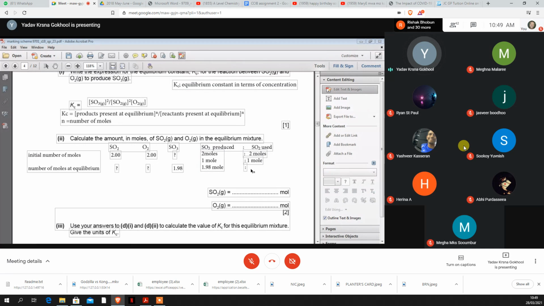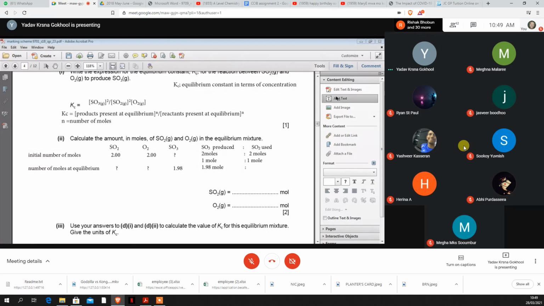So if I have got 1.98 moles of SO3, I would have used 1.98 moles of SO2. So how much is remaining? It is 0.02.